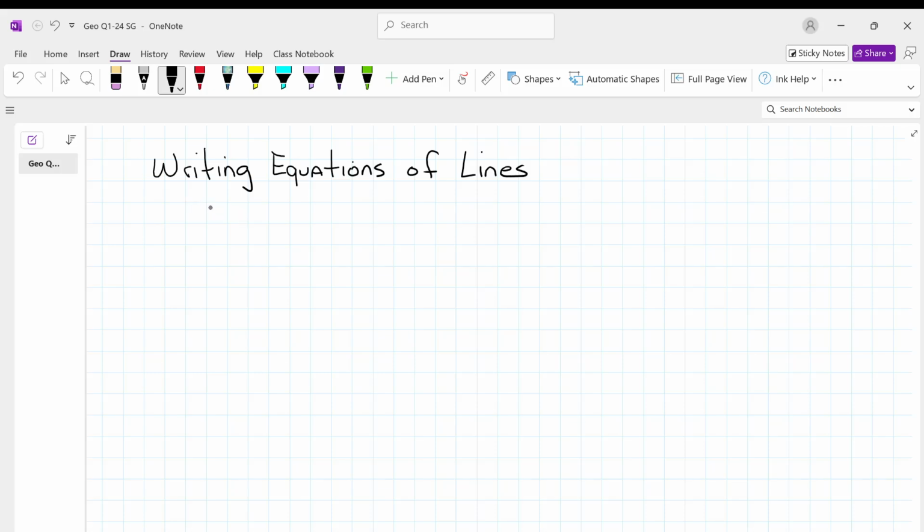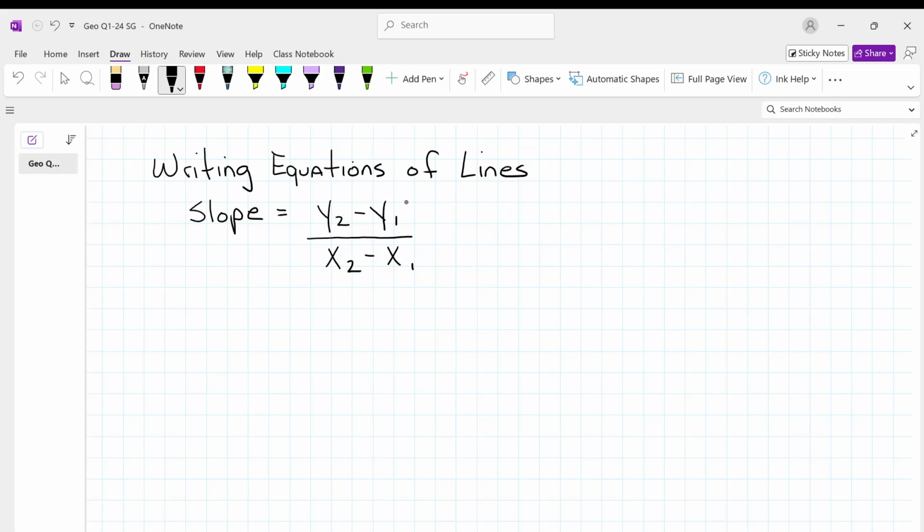So to find the slope of a line, we use the slope formula, which is your y sub 2 minus your y sub 1 divided by x sub 2 minus x sub 1. All right, that gives you the slope of a line.